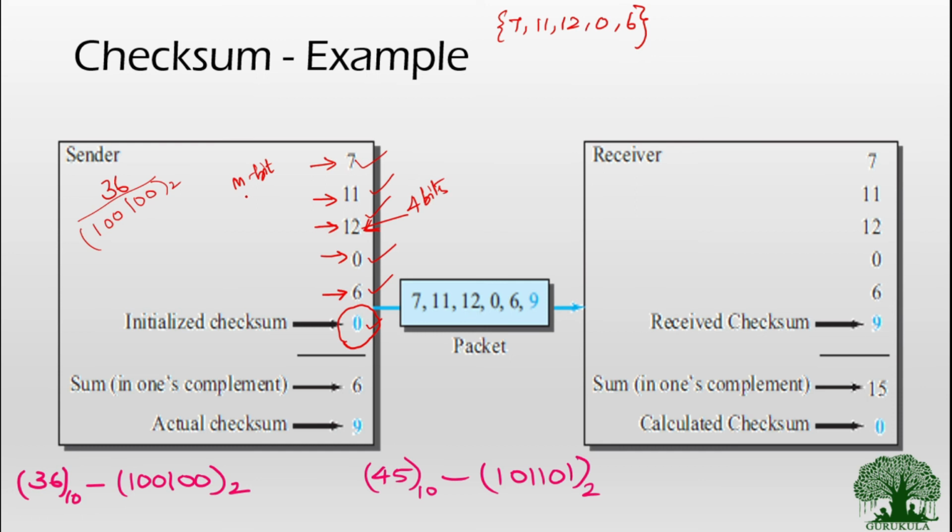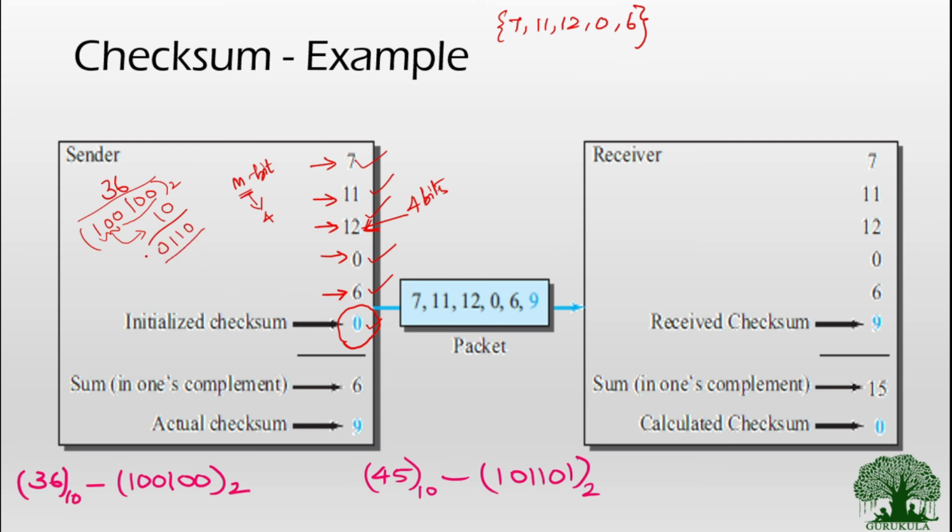We already know that we are going to represent the checksum only in m-bit size, and for our example m is 4. So I will keep only the first 4 bits, and then I will add the 2 remaining bits to these 4 bits. Adding this 10 to the remaining 4 bits, I will get 0110.